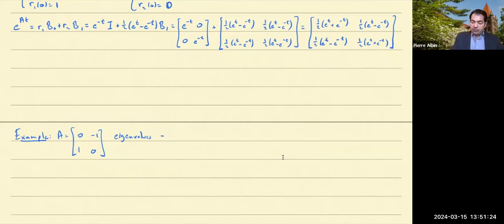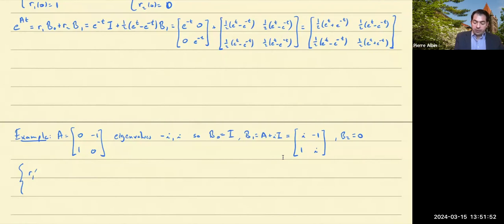So that means that the eigenvalues are going to be minus i and i. So that means that B0 is the identity. B1 is equal to A plus i times the identity. So that would be i, minus 1, 1, i. And then B2, you don't need to compute. It's just 0 by the Cayley-Hamilton theorem.